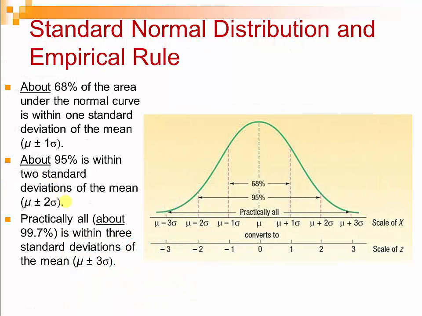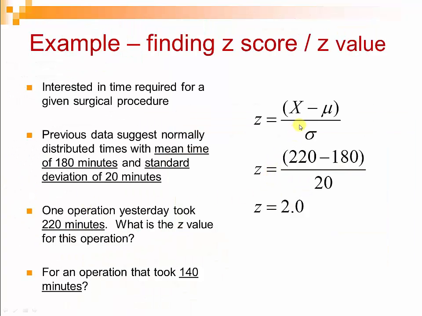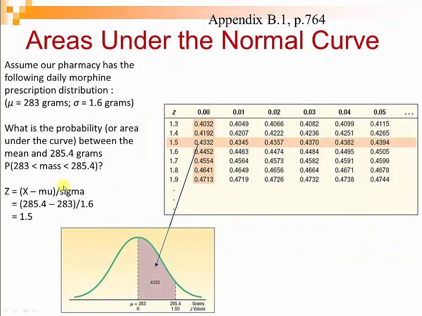So using our z formula from before, which is x minus mu divided by sigma, to get our z-score, we can fill in our values. We stick in our x, our observation of 285.4, minus our mu, which we have as 283 grams, and we divide that by 1.6, and we come out with 1.5.